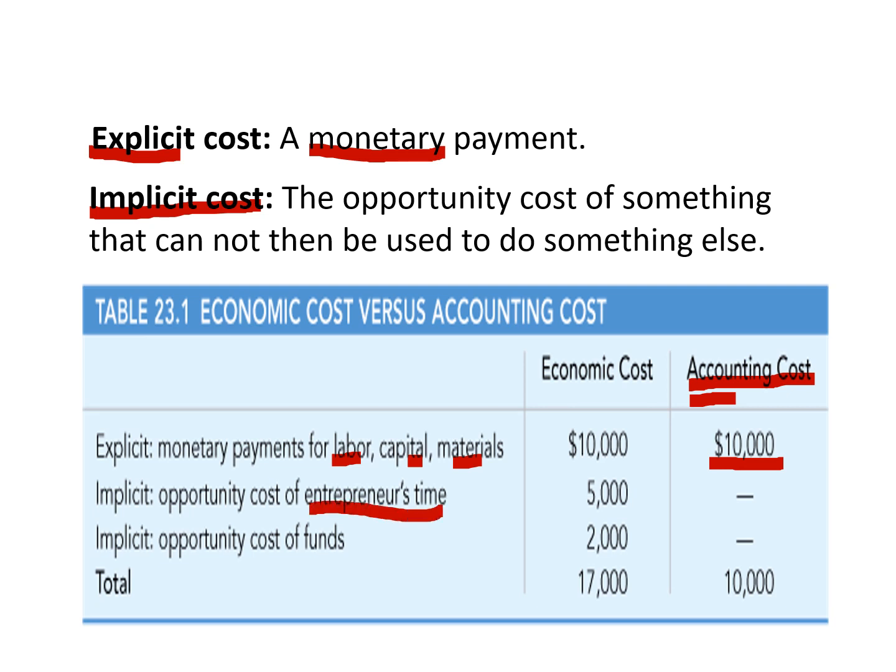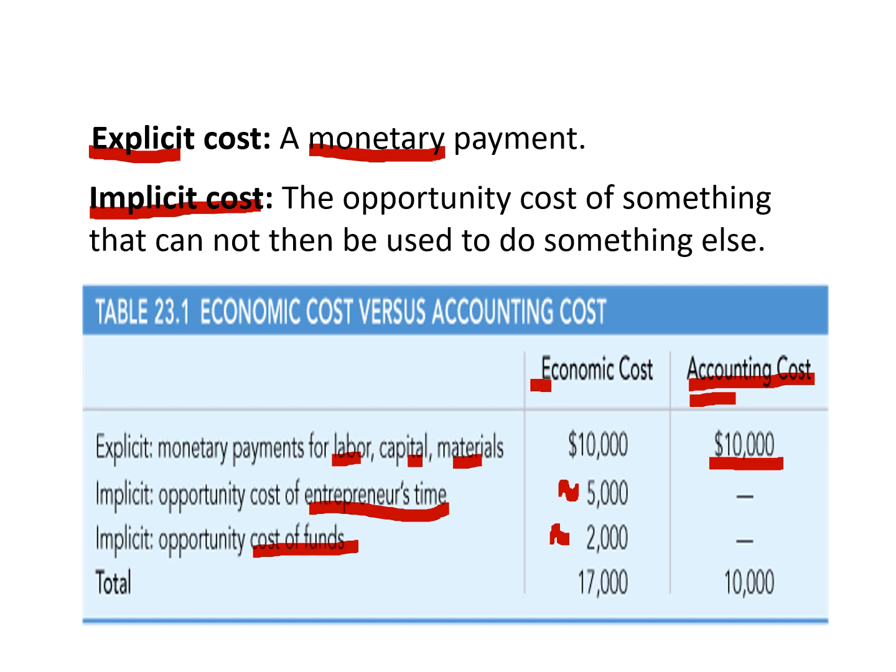The entrepreneur's time, which could be valued in this example as 5,000, and the opportunity cost of the funds. That's the interest perhaps that the funds could make being put to a different use. You could say they could be invested in company stock in a different company, for example, and they might return some kind of dividend payment as well. That might be possible. So these two costs are implicit costs.